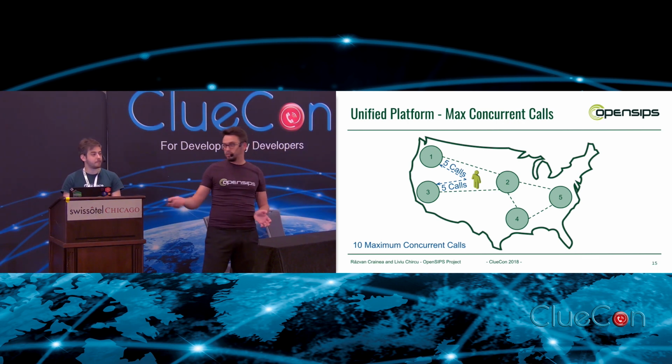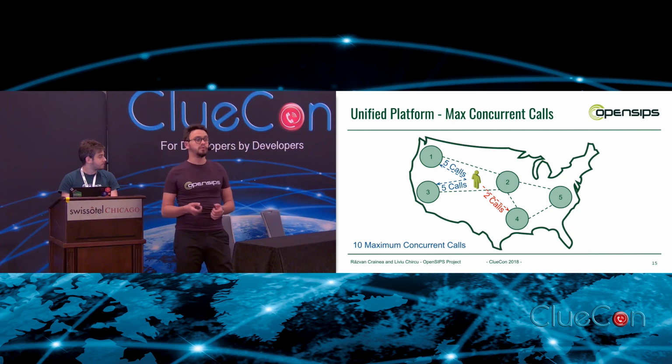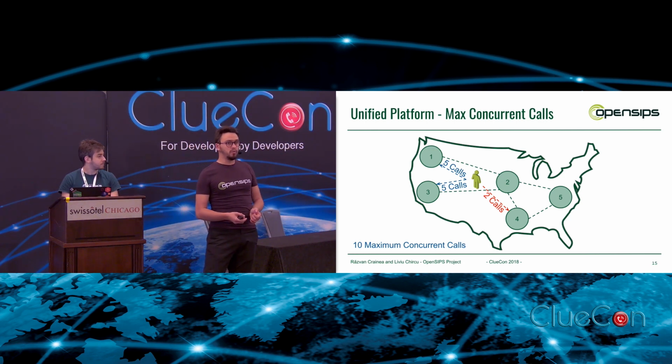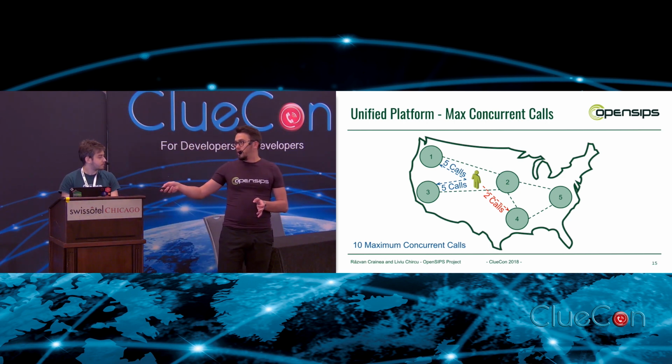That's fine, because he didn't reach the 10 calls limit. However, if he tries to go on this node and do 2 more calls, well, that's not okay. And you want to catch this case and reject these two calls.